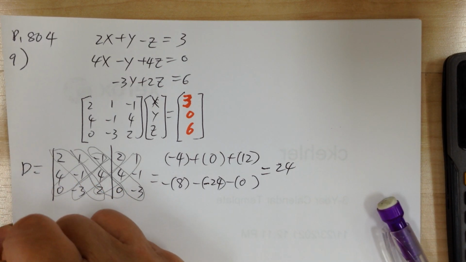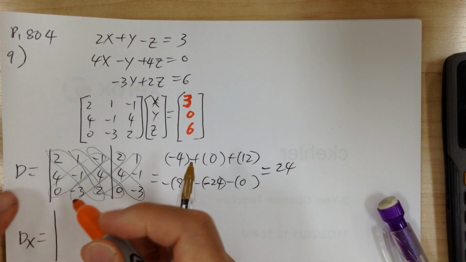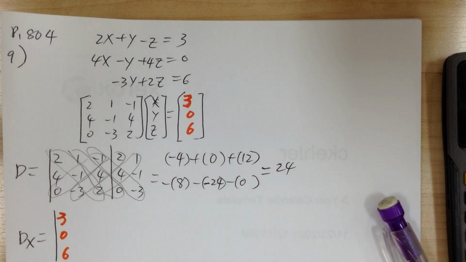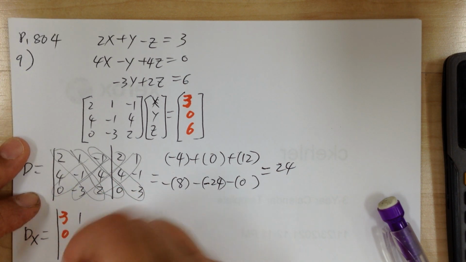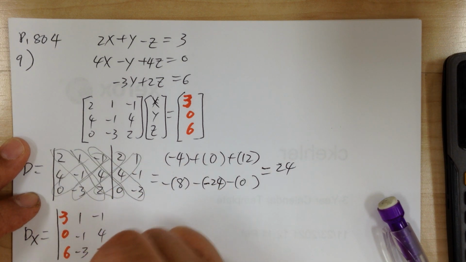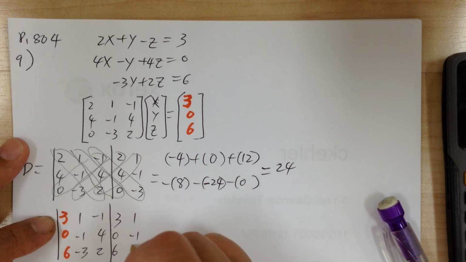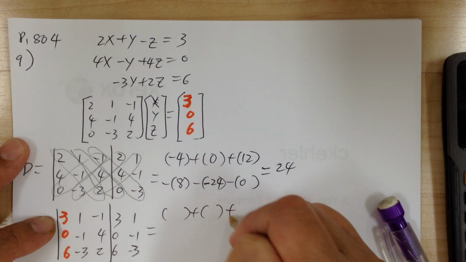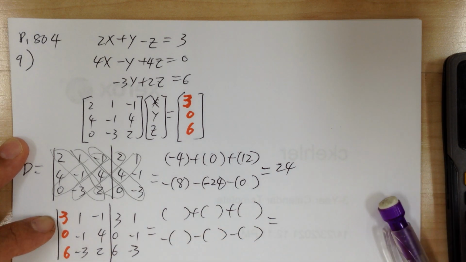Now let's go and get the dx. Okay, so it will be 3, 0, 6. And you're going to get 1, negative 3, negative 1, 4, 2. Copy the first two columns. So get my template ready.